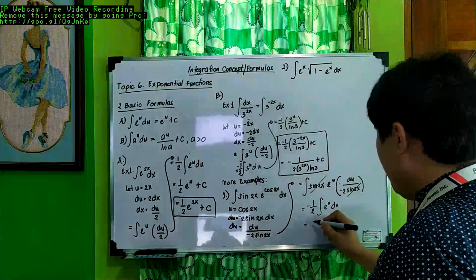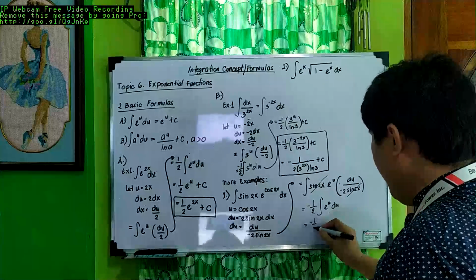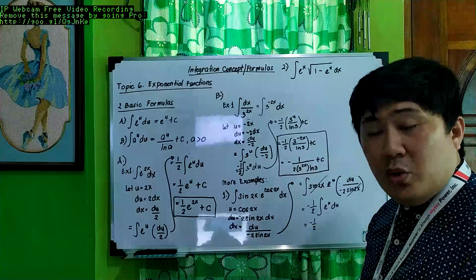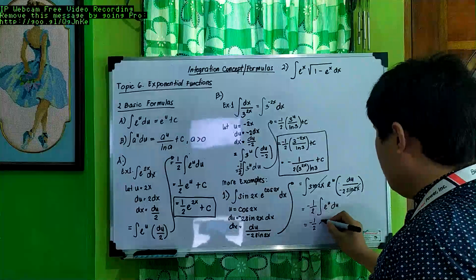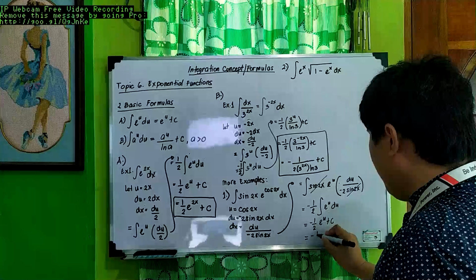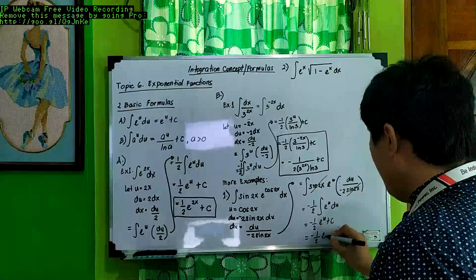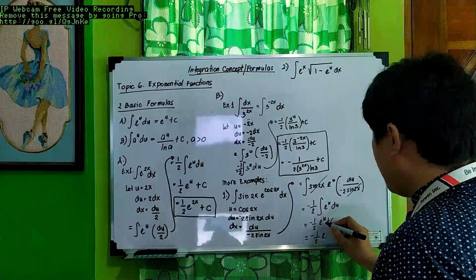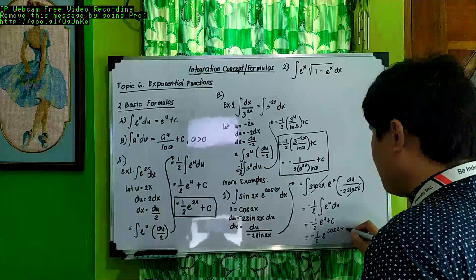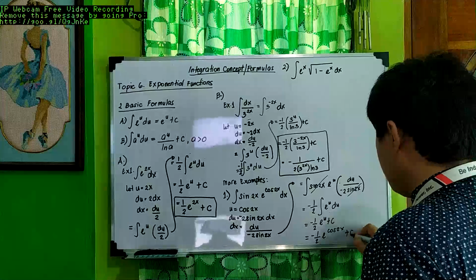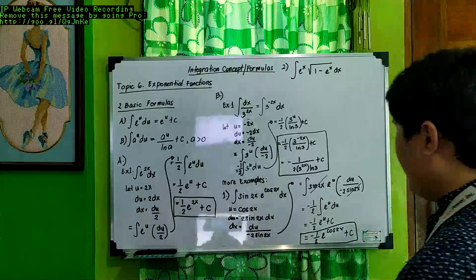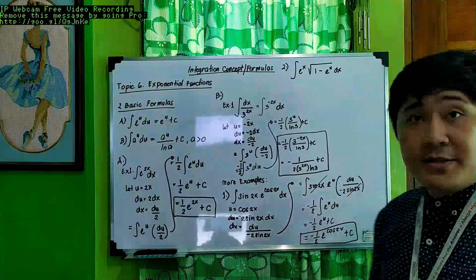So from there, you'll have negative 1/2, and we know that the integral of e^u is equivalent to e^u plus C. And we have negative 1/2 e raised to the power of, what is our u? Cosine 2x, plus c. Okay, 1/2 e raised to the power of cosine 2x.